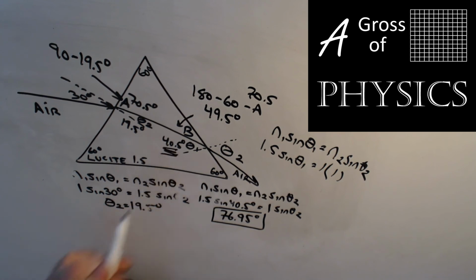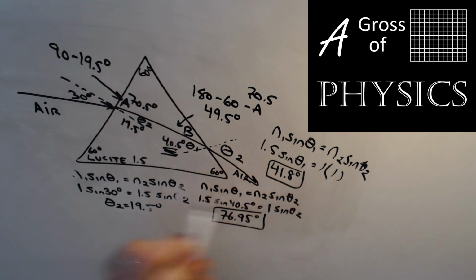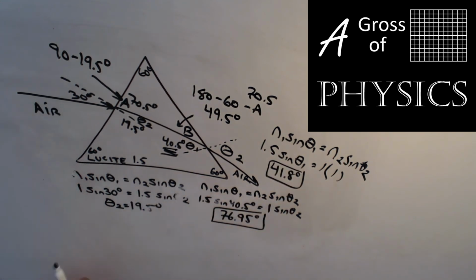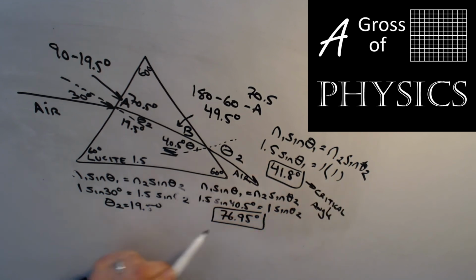We were really close to that critical angle, 41.8 degrees. So if we were slightly bigger, if this was 42 degrees perhaps, we probably would have been trapped inside the prism. So that's the critical angle. Not our answer, but it just showed how close we were to not even escaping into the air in the first place. So a little more complex when it's a triangle, but still doable. You just have to remember some of your geometry facts from earlier in your math classes.